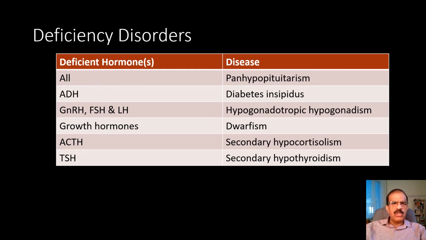Now, these conditions may present as isolated conditions when there is selective deficiency of these hormones, but many times when the damage to the pituitary occurs, it is actually not very selective. It usually affects all hormones, all types of cells, so there could be a sort of panhypopituitarism.